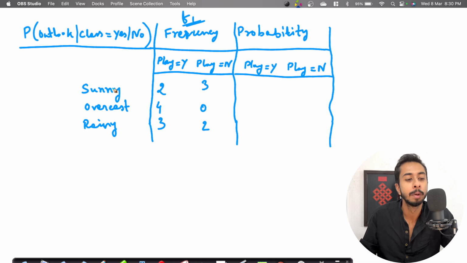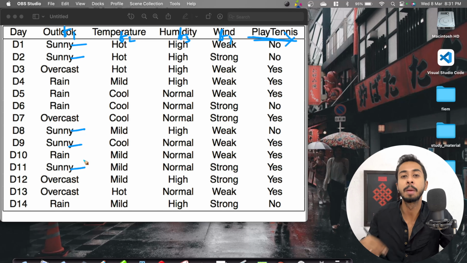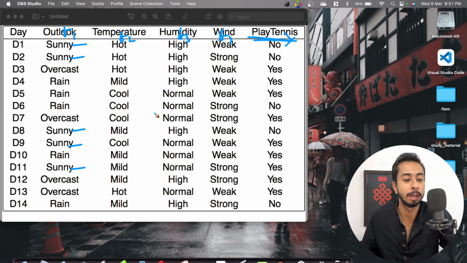So basically sunny and yes is occurring 2 times. You can see it. Sunny, how many sunnies are present? 1, 2, 3, 4, 5. 5 sunnies are present. Out of them, how many are actually yes? See it here. This sunny is no, this sunny is no, this sunny is no, this sunny has yes, this sunny has yes.